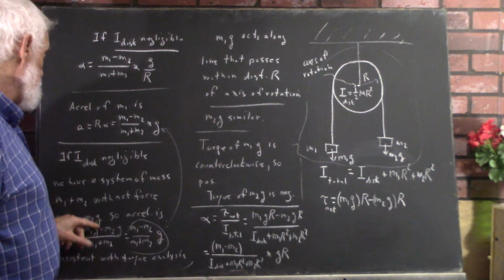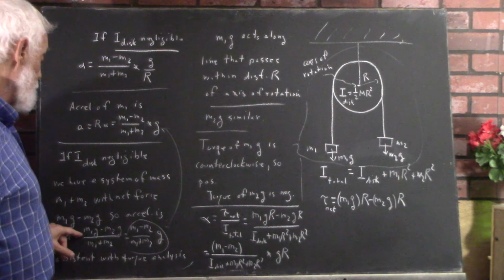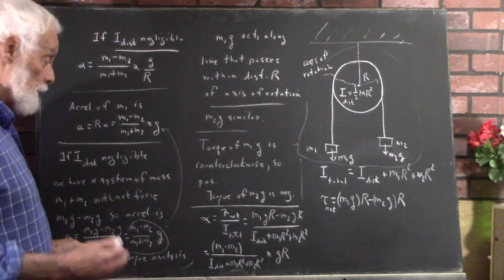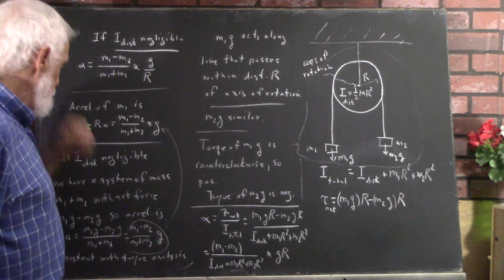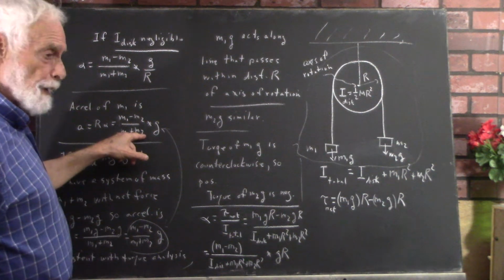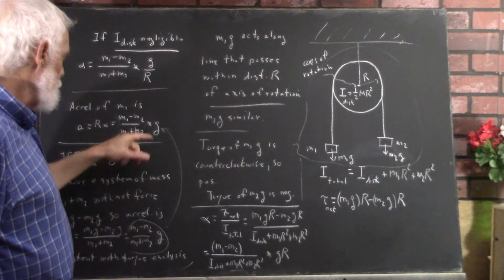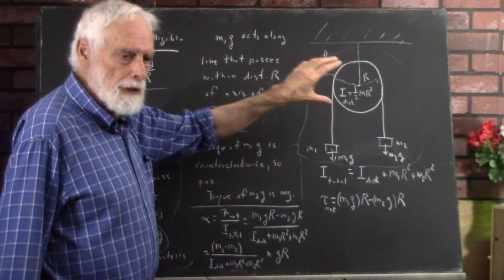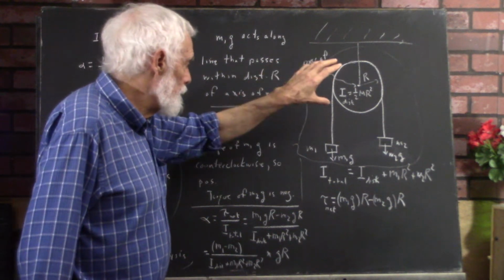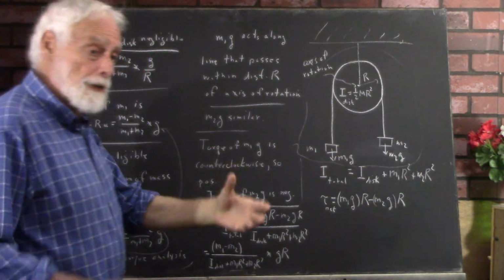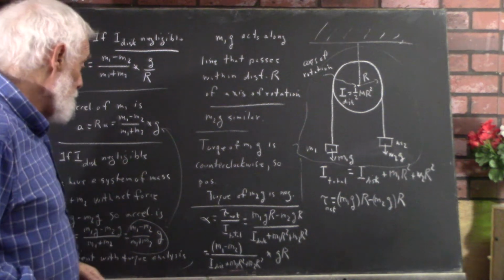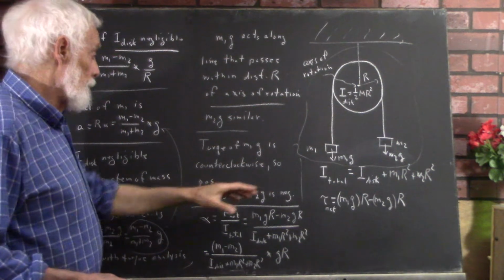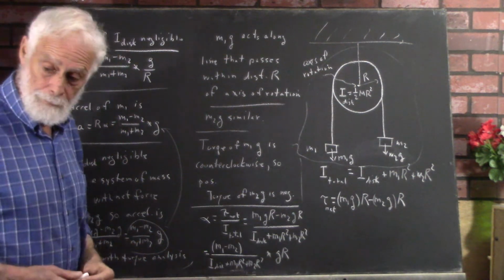So the acceleration is what you see here, net force m1g minus m2g divided by the total mass, m1 plus m2, and we get the same expression we had here. So if we wanted to just get this, we wouldn't have gone to all this trouble of analyzing it if there was a significant moment of inertia in the disc, in the pulley itself. But this is very handy, and we should understand how all this comes about.